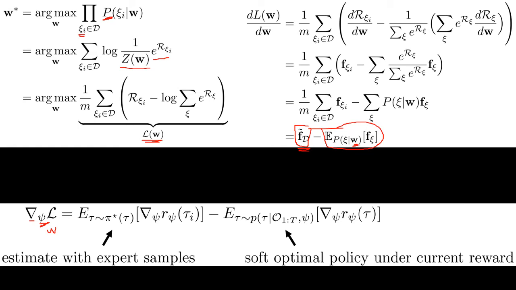So W induces a pi, a P. Then for each trajectory, you compute the feature expectation and weight it by the probability of that trajectory. So that's an important result.